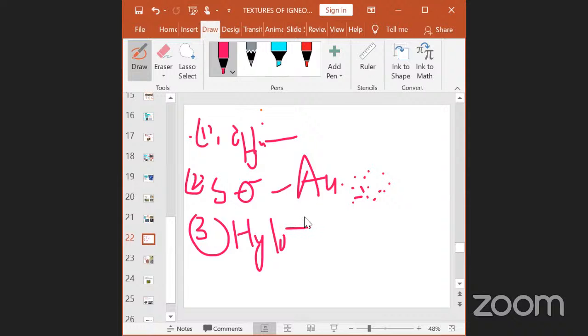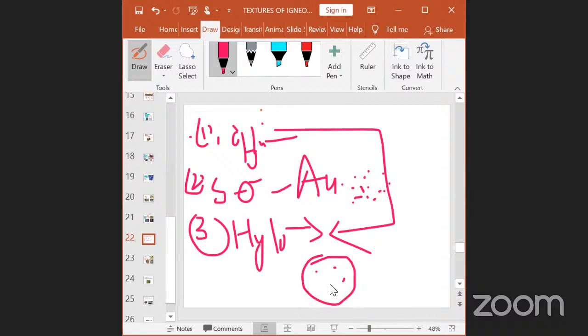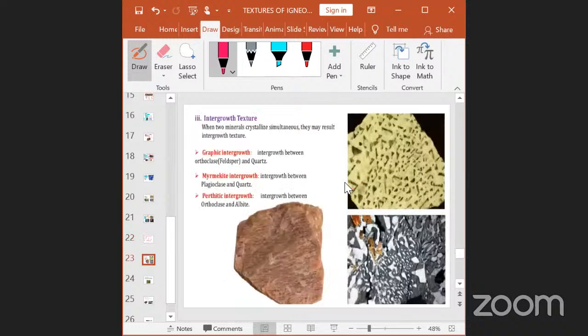It is similar to ophitic texture, but the difference is that the diversely oriented plagioclase grains are completely surrounded by glass, right? This is the difference between these three textures.